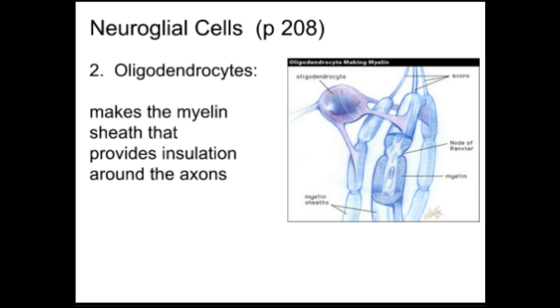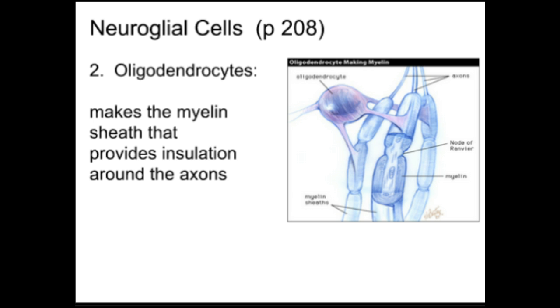Here we have the oligodendrocytes, which make up the myelin sheath that provides insulation around the axon, and that just kind of insulates the axon and helps with that action potential, or that nerve impulse.